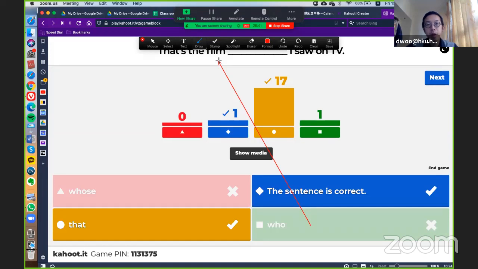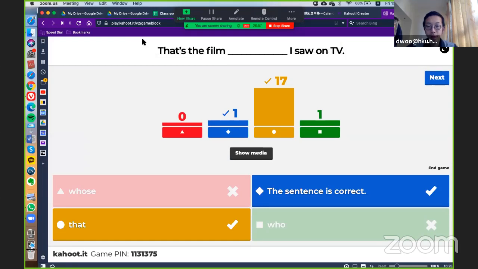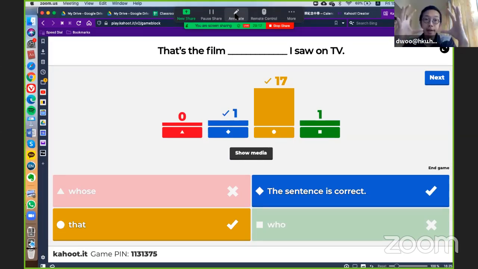I mean, film is not a person. And who refers to people. Now this is a little more complicated. So sometimes we don't have to actually write that.